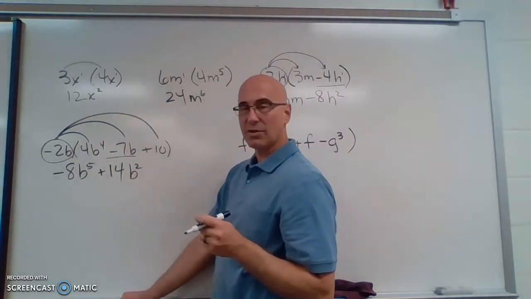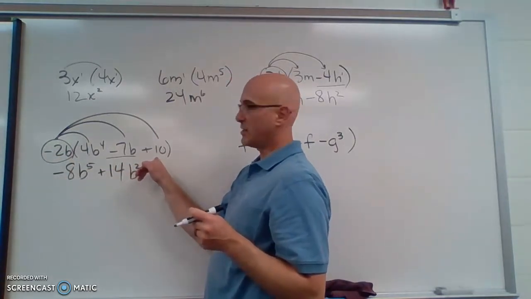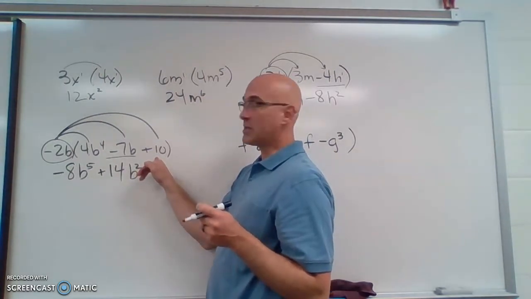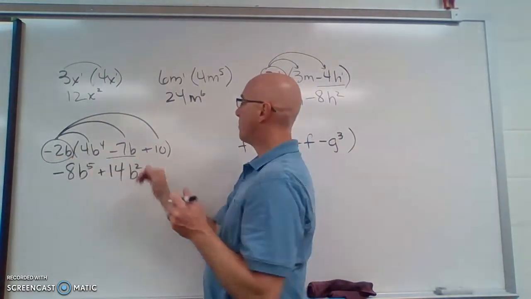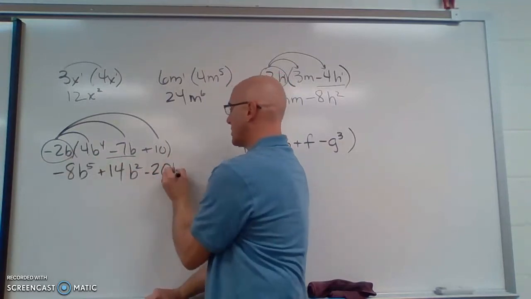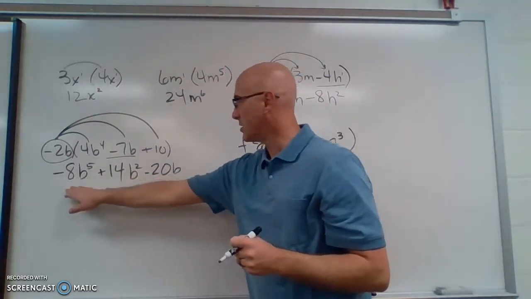Now let's do the last multiply. Negative 2b and a positive 10. In this case, we can multiply the numbers together. Negative 2 and positive 10, that's negative 20. And we just have a b. There's nothing else for us to multiply. So here is our product.